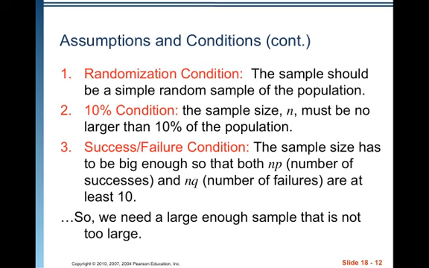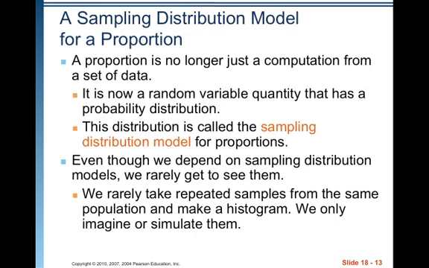A proportion is no longer just a computation from a set of data. Of course, that's what, on one level, what it is. But it's also now, we can think of it as a random variable quantity that has a probability distribution. That's what the sampling distribution is.